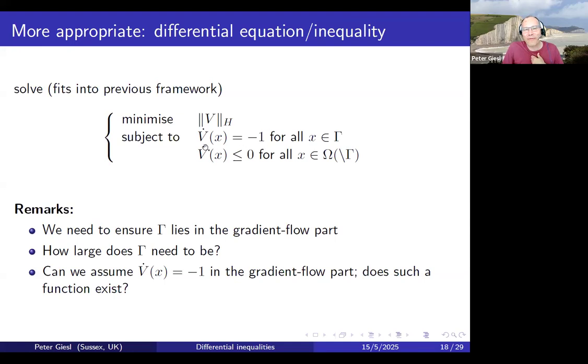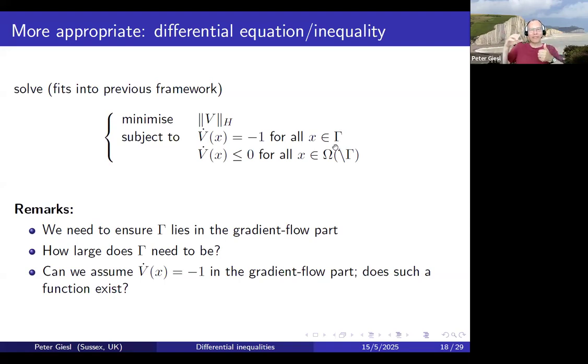Now, by forcing the function to actually have some parts where the derivative is negative, we at least get something non-trivial. So first of all, for this to have a solution, we need that this set gamma needs to lie in the gradient flow part.